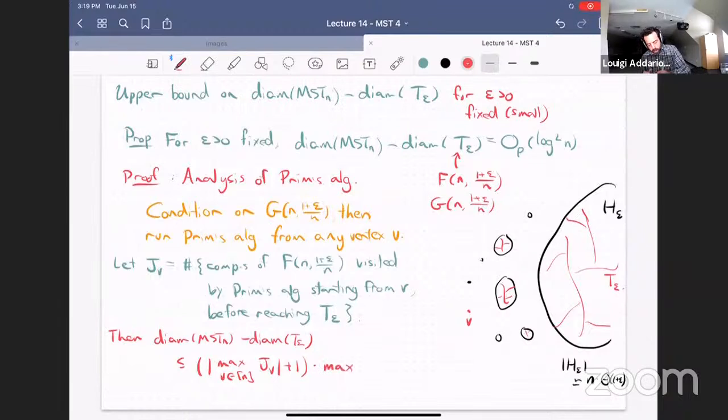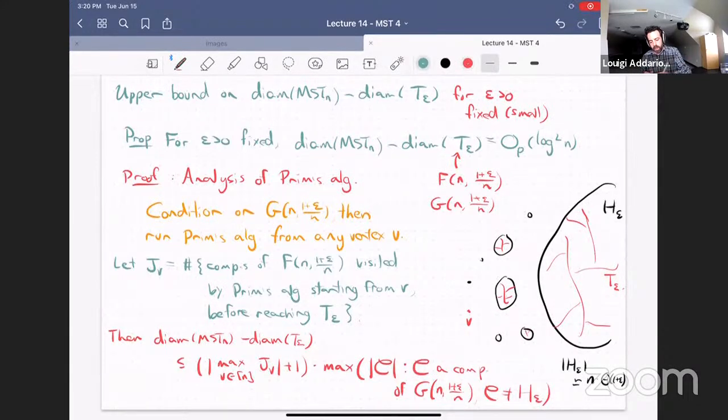So the largest size of C, such that C is a component of G(n, (1 plus epsilon) over n), which is different from the largest component. Right, so where does this bound come from?